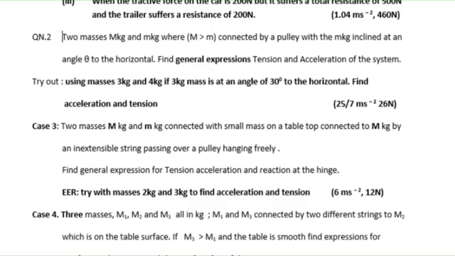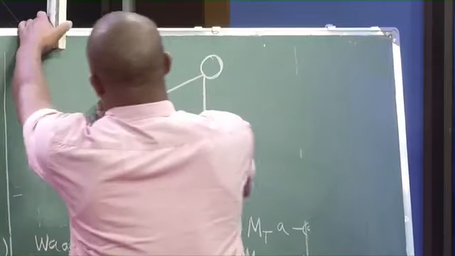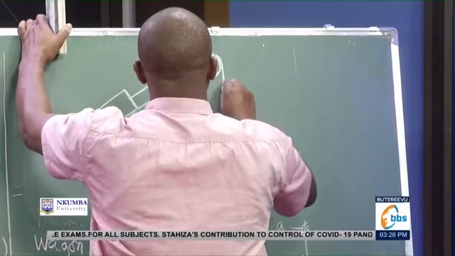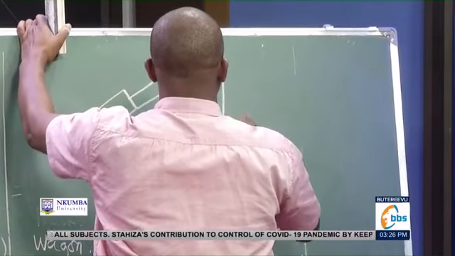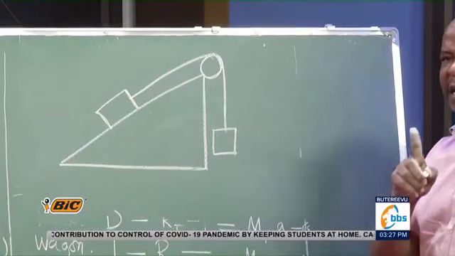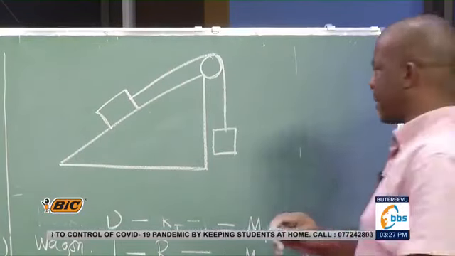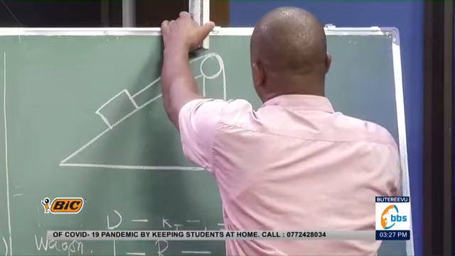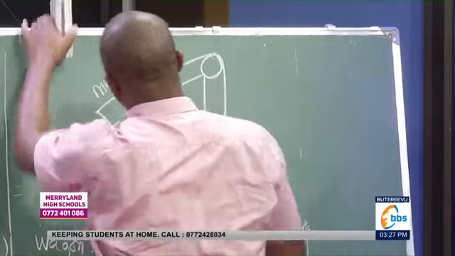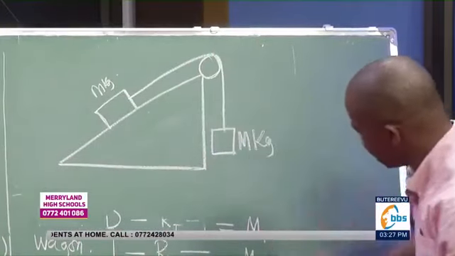One mass is hanging. We have a pulley here. We have one mass on an incline connected to another mass by a string passing over a pulley. They are telling us that the capital mass is greater than the small mass. So we shall let this be the capital M and let this be the small m. The sketch is beginning to develop shape.